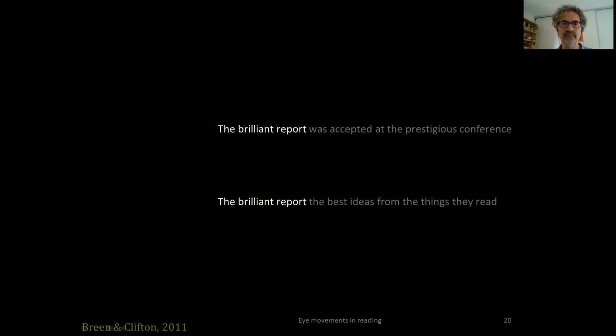In contrast, when you have sentences of this sort, by the time you get to report, you still think in both cases that this is a noun. You can only figure out that this is not an adjective as you expected from here. You can only figure it out if you look further down.